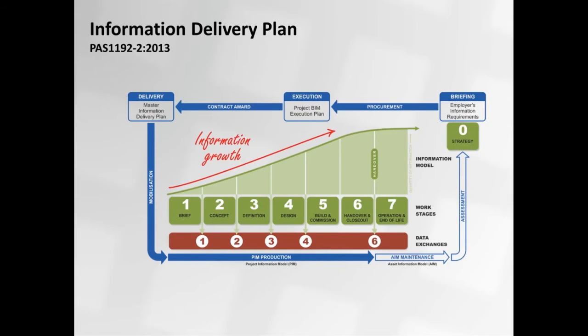In this information delivery plan, we are aiming to define, as we said, how the information across time here grows, not only for the graphical model, LOD, as we've seen in the language that the MBS uses, and the non-graphical data, LOI, again in the kind of jargon that the MBS adopts, but also in terms of documentation.